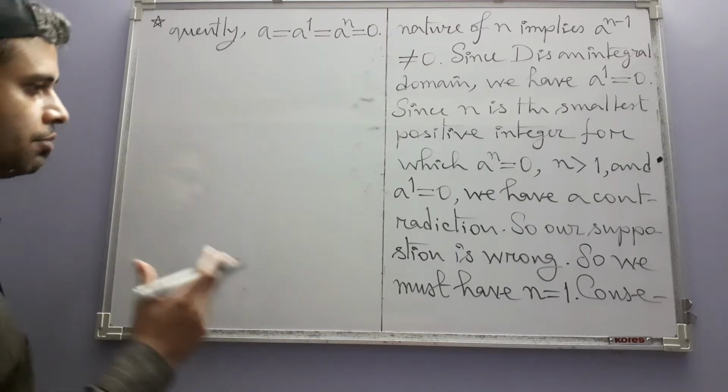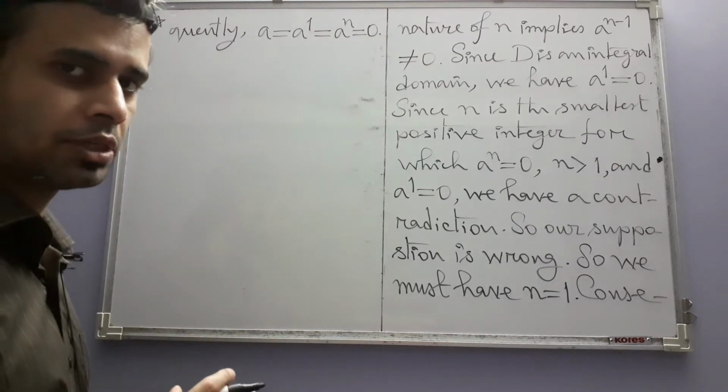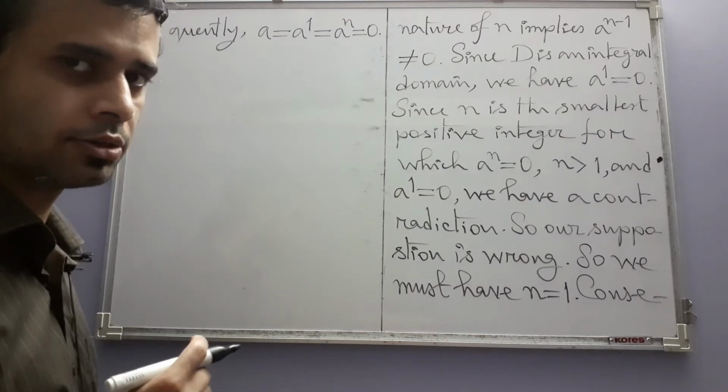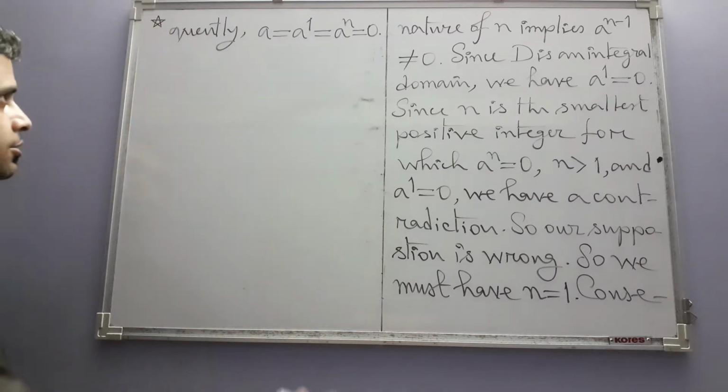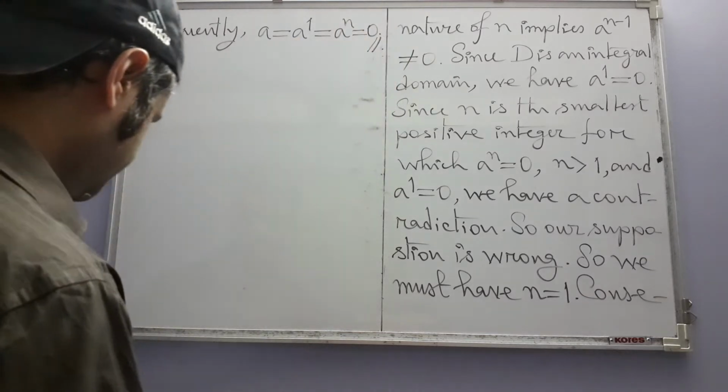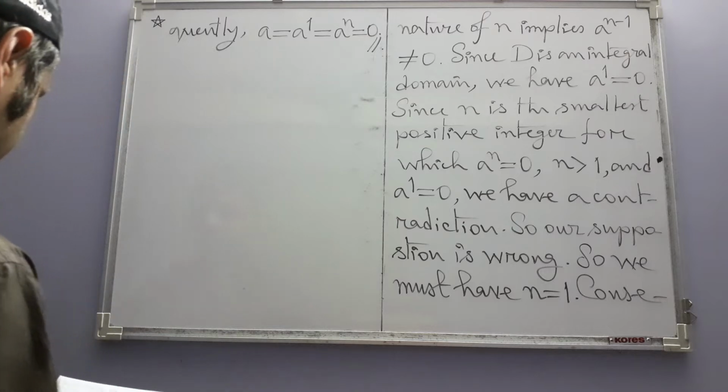So that's what we wanted to show: we considered a to be any nilpotent element, and it has turned out to be 0. So 0 is the only nilpotent element. So you can end the solution here. Next.